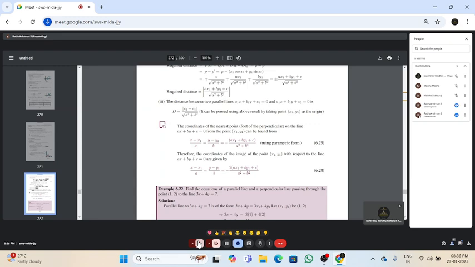Okay. Same way you should get y. Try to get y in the same way. So I'm going to leave it to you to find this y, which is the image of the first point.